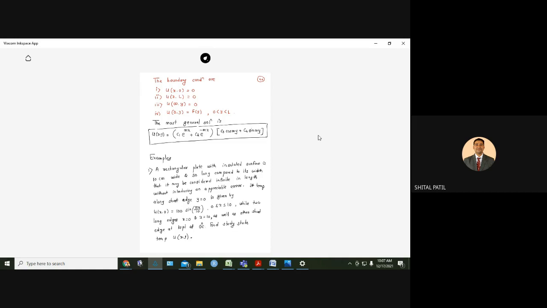Yes, we'll start right now. Just go through the problem and understand whether the plate is along the x-axis or y-axis.